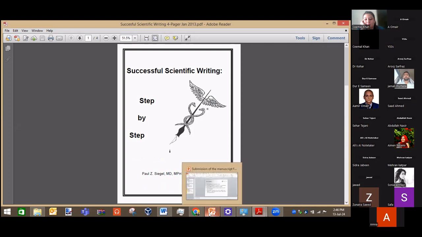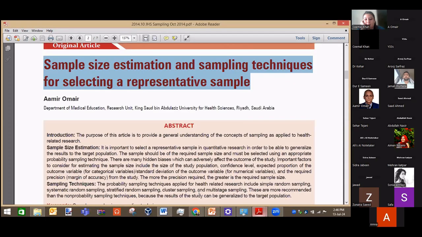We don't have time for this, but I'll just share my final thing with you, and we can have questions over there. This is one of my papers. This is on sample size estimation and sampling techniques, published over here in the Saudi Journal of Health Sciences. Interestingly enough, it got a lot of citations from different parts of the world.